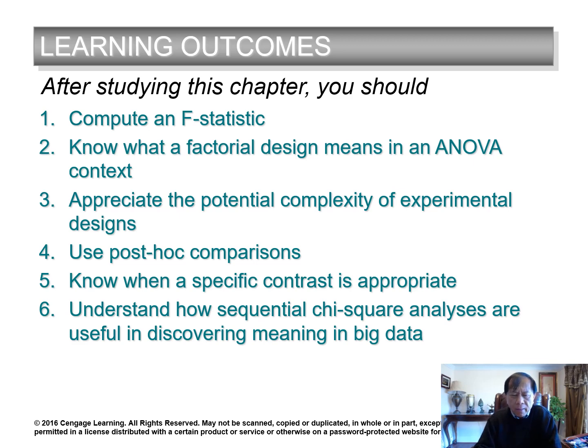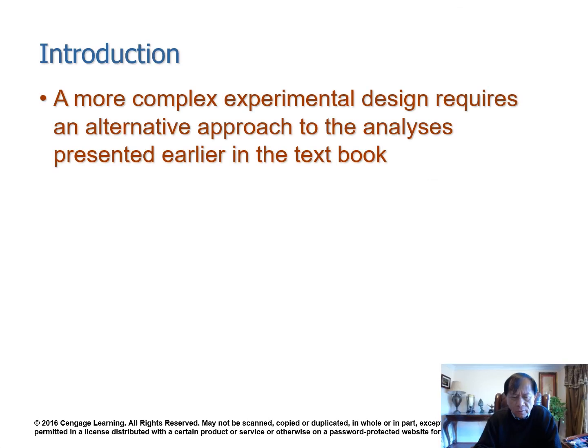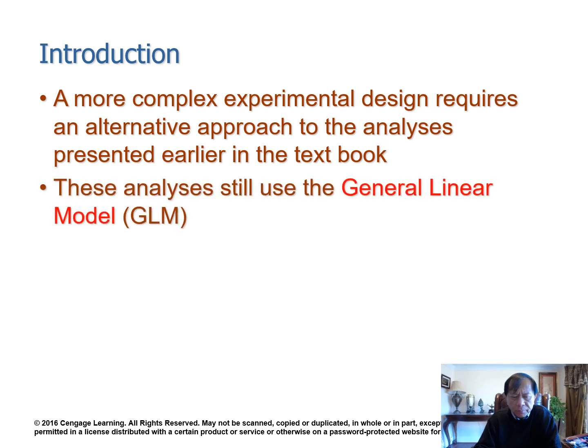First, the more complex experimental design requires an alternative approach to the analysis presented earlier in the chapters before. But all these analyses still use the general linear model, GLM.